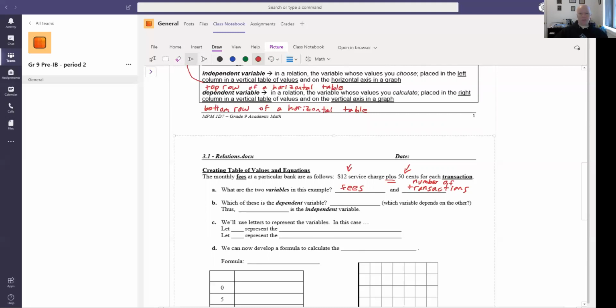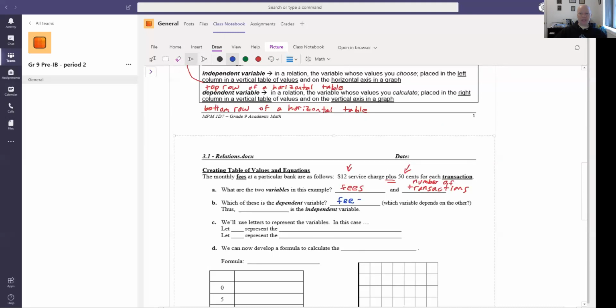Which of these is the dependent variable? Which depends on the other? Do the fees depend on the number of transactions, or would somebody make a number of transactions depending on the fees that they're going to get charged? To ease your minds, the fees depend on the number of transactions.